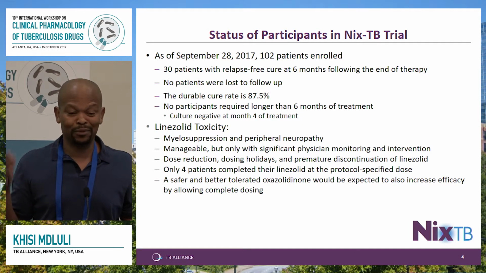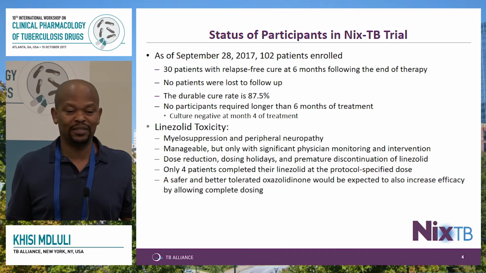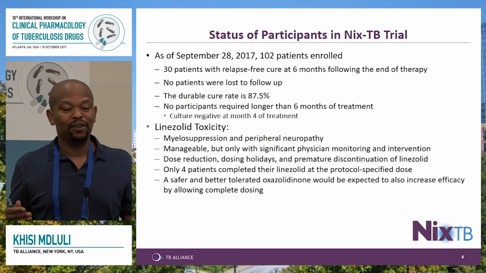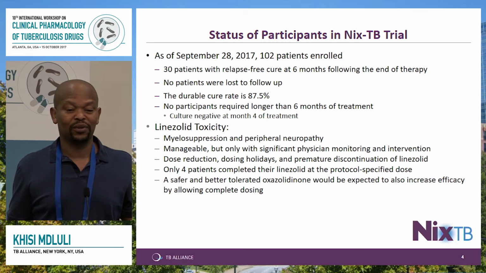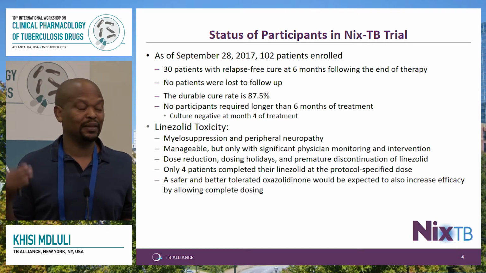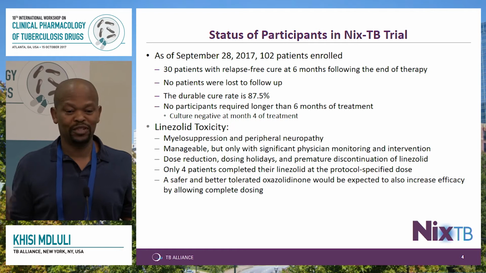There was no relapse up to 6 months, so that's the first endpoint that we're looking at. So 30 patients have already passed that. No patients were lost to follow-up, and we think we're counting the durable cure right now at about 87 or 85%, and that's because of 4 patients that died earlier in therapy, mainly because they were too sick to be salvaged.